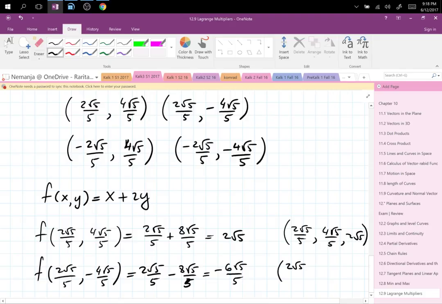So 2 root 5 over 5, negative 4 root 5 over 5, and negative 6 root 5 over 5. Nice.